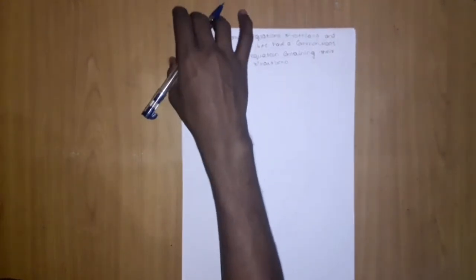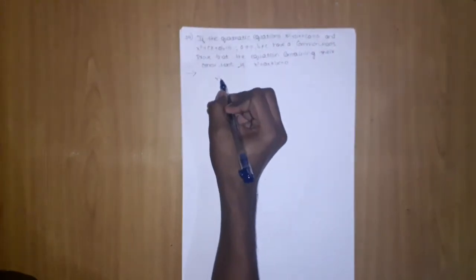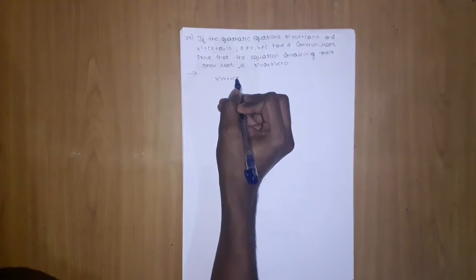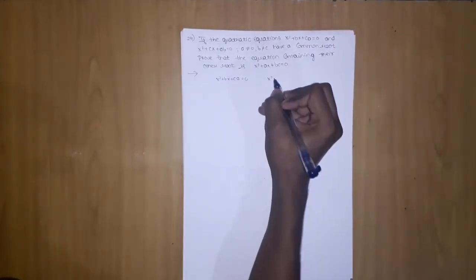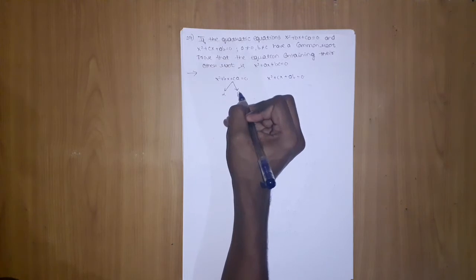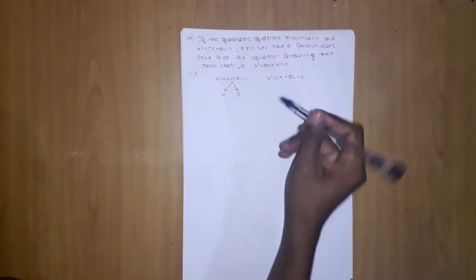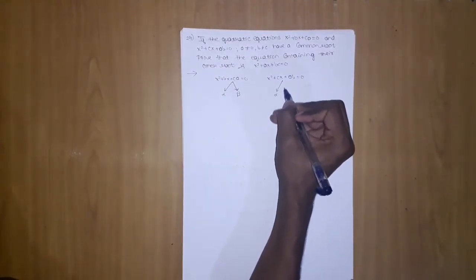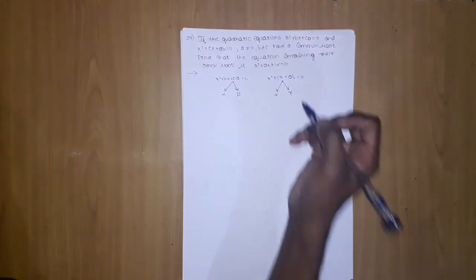Let me explain this. These two are quadratic equations. Now if the first has roots alpha and beta, and they have a common root, the second will also have one root alpha, the same, and let's assume it has another root gamma.